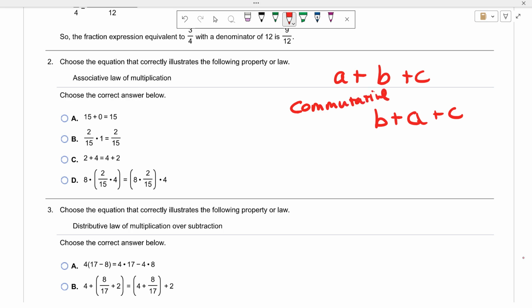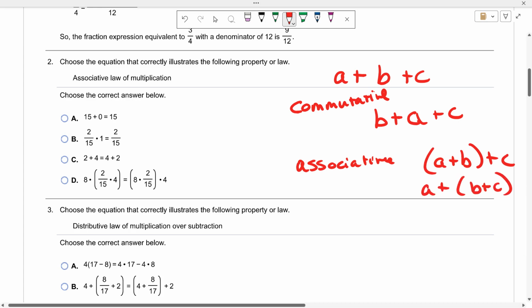Okay? When you move A and B around, that's commutative. Associative is when you move parentheses. Okay? Remember those two.